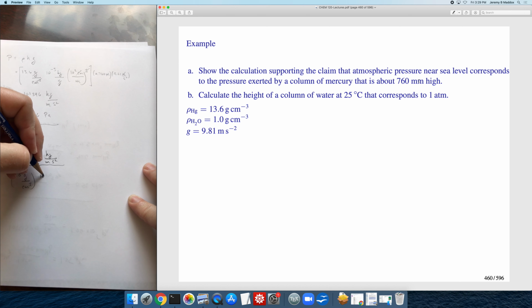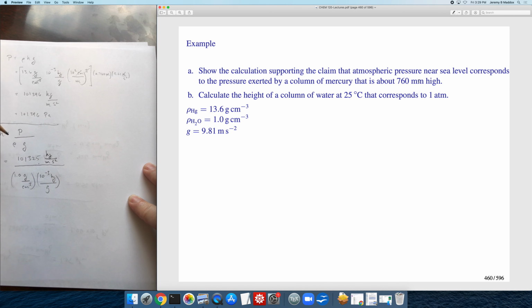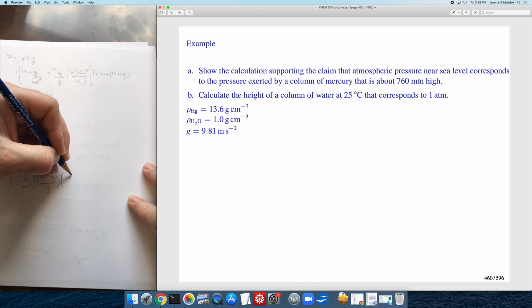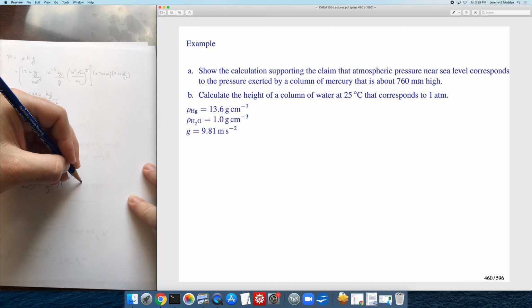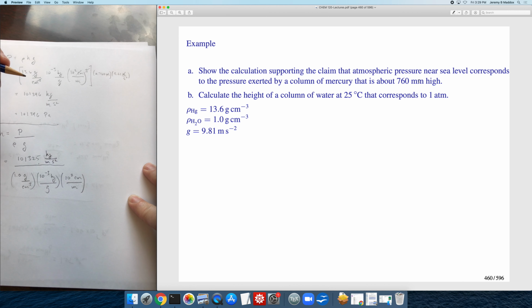So I'm going to take 10 to the minus 3 kilograms per gram. So that converts the grams to kilograms. And then I need to convert the centimeters cubed to meters cubed. So 10 to the 2 centimeters per meter, and then I need to cube that. Okay, so that's the density right there.